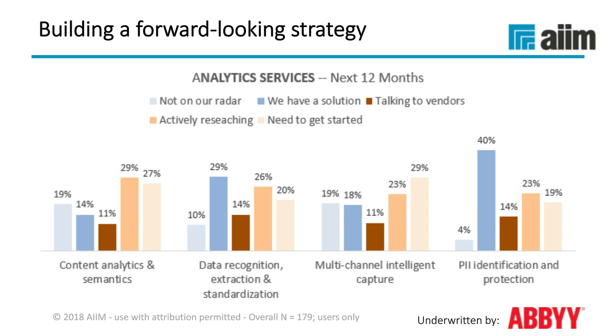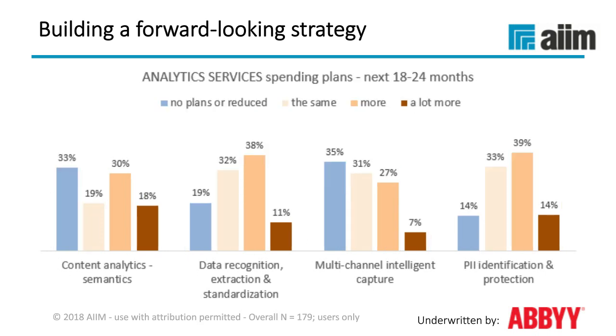Similarly, when you look at spending plans and get a little more tangible in terms of what folks are doing, you see the orangey one and the reddish one there, people planning to spend more and a lot more.